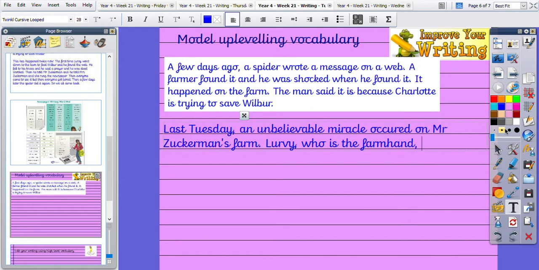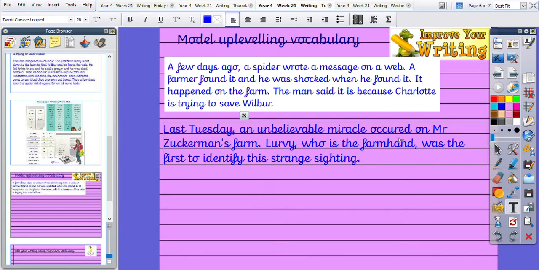Levi, who is the farmhand, was the first to identify this, I don't want to use miracle because I've used it already. Levi, who is the farmhand, was the first to identify this strange sighting.